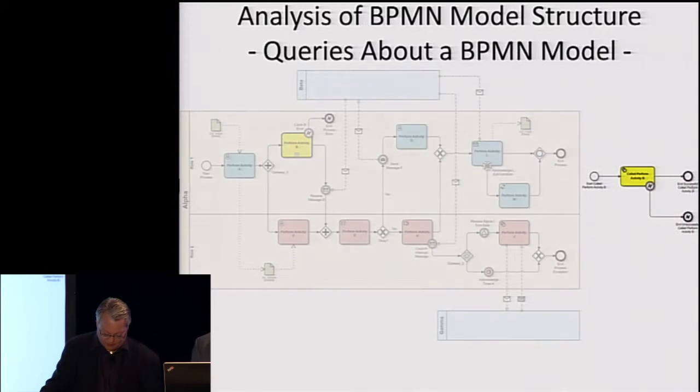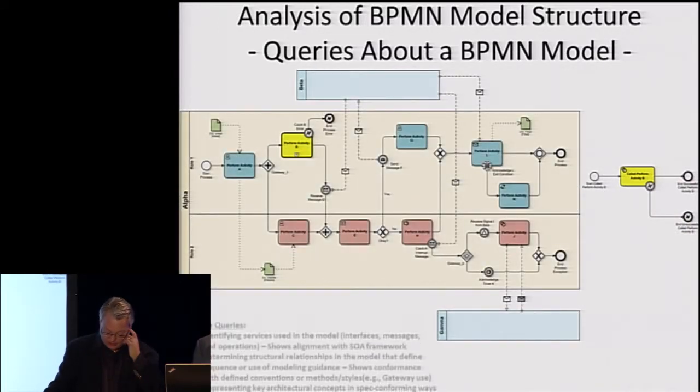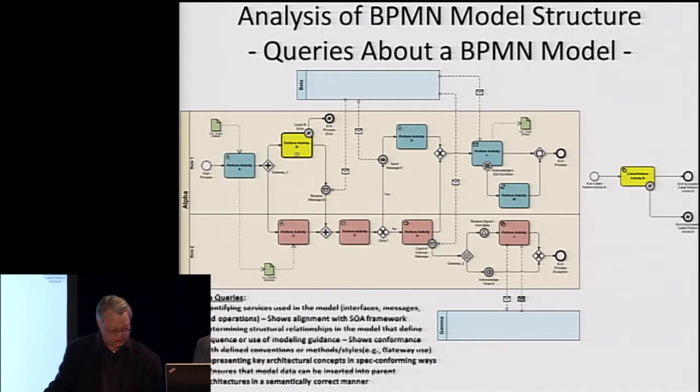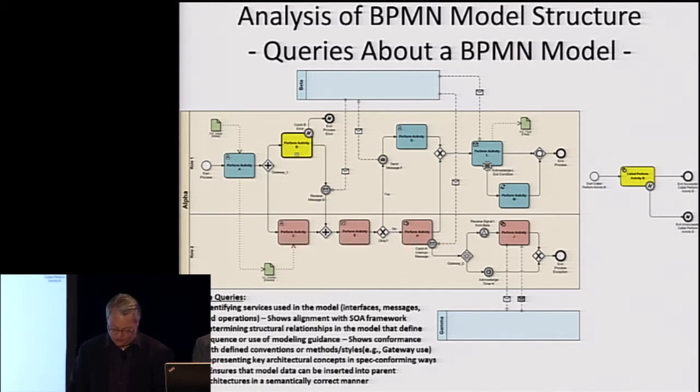The structure of a BPMN model is better analyzed after the XML is converted into semantic data. Using the previous model, the enriched XML is transformed into OWL using an automated tool. The new form can directly support different types of queries and support different types of purposes for those queries.